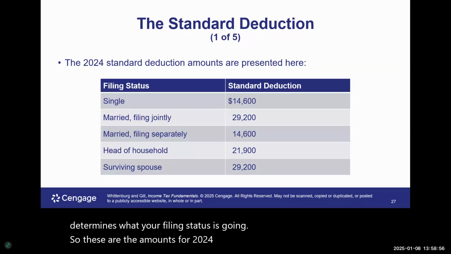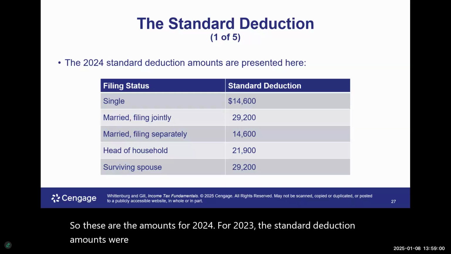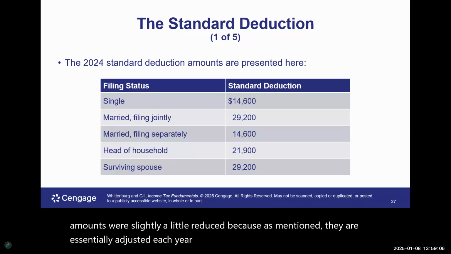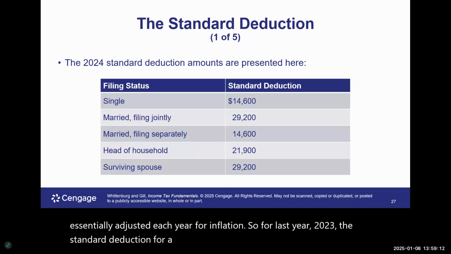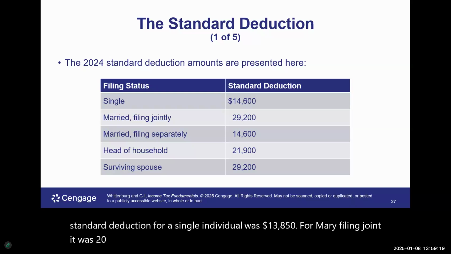For 2023, the standard deduction amounts were slightly reduced because, as mentioned, they are essentially adjusted each year for inflation. So for last year, 2023, the standard deduction for a single individual was $13,850. For married filing joint, it was $27,700.